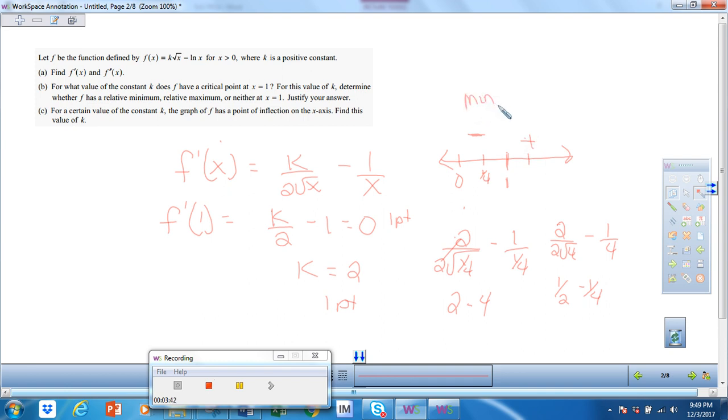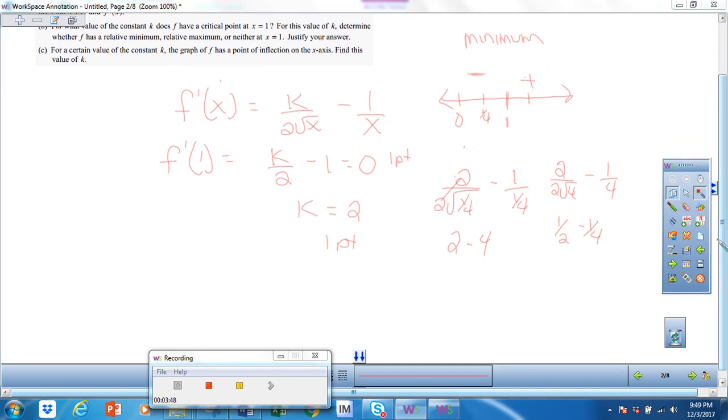Now, most of you got that, but a lot of you lost points on your reason why. Some of you said this because the sign changed. You have to be specific. You have to say what sign changed. So what you had to say is because f prime of x, you had to use that term, f prime of x went from negative to positive.